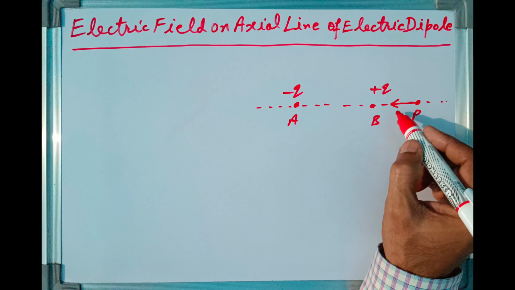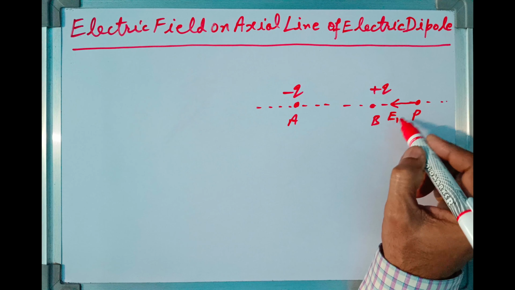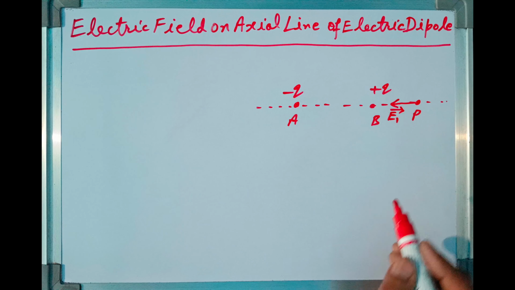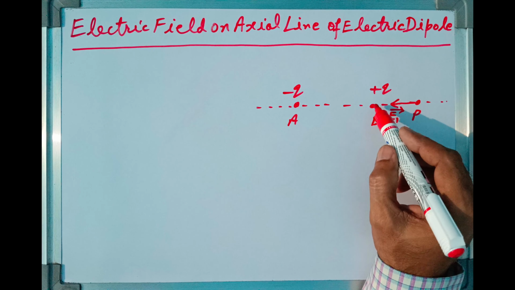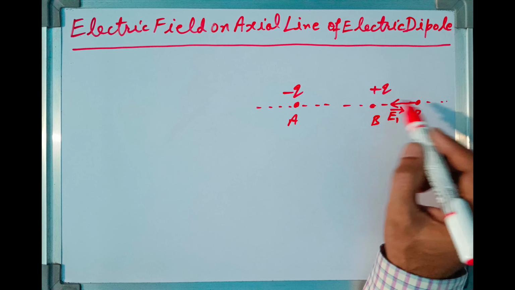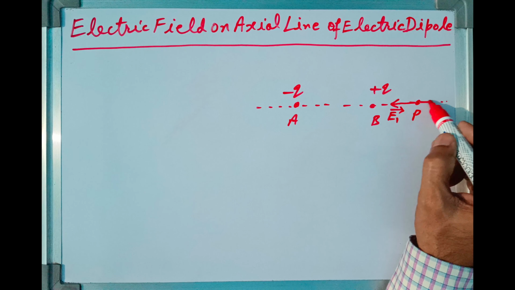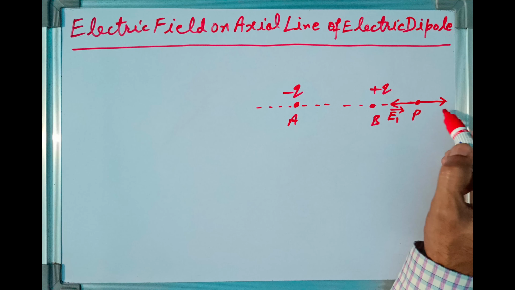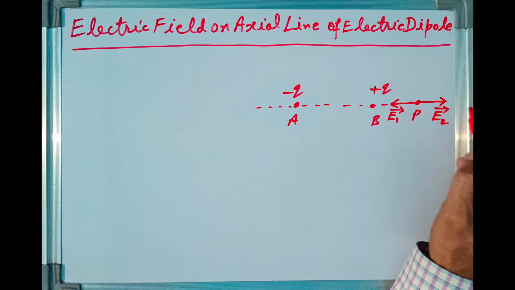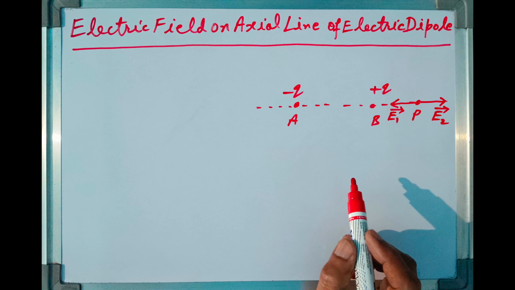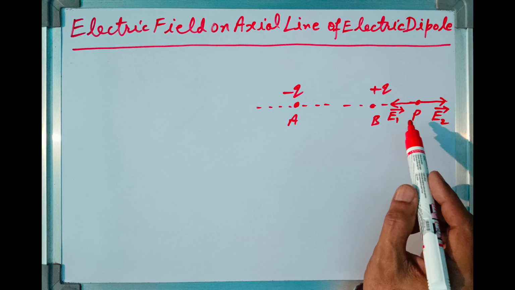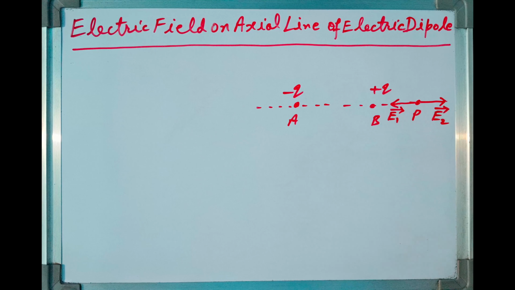Let me call it electric field E1. Similarly, when the test charge is placed at point P, this charge plus Q will repel it. So the electric field due to this second charge will be in this direction, and E2 is the electric field due to charge plus Q. We have to calculate the resultant electric field at point P.